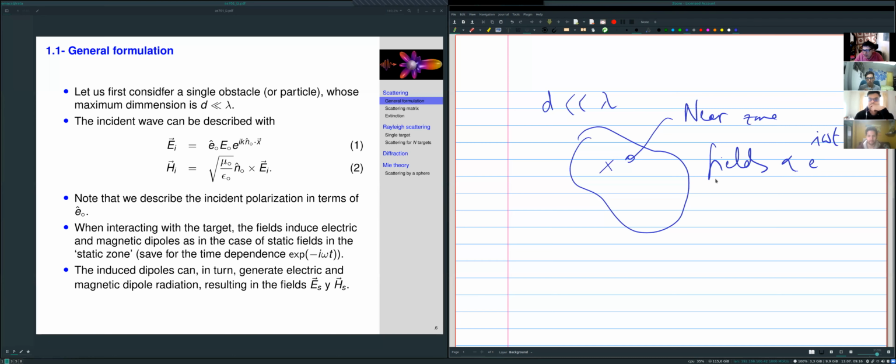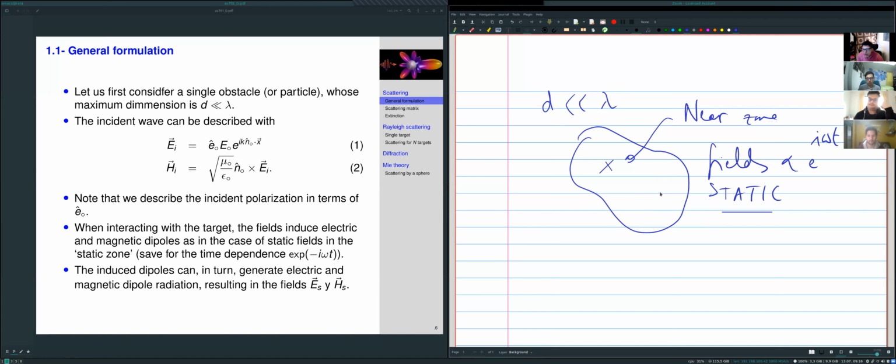They are static fields, in the sense of the same fields as in electrostatics. Okay. And so the complex problem of scattering and radiation boils down to electrostatics in the near zone when we have this case, right? When the object is much smaller than lambda.